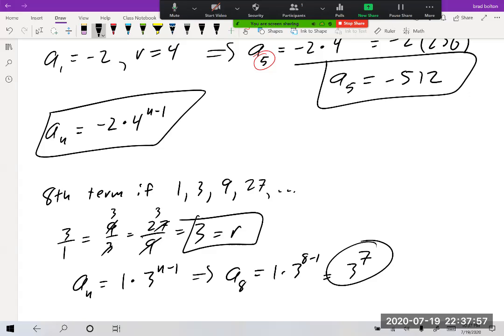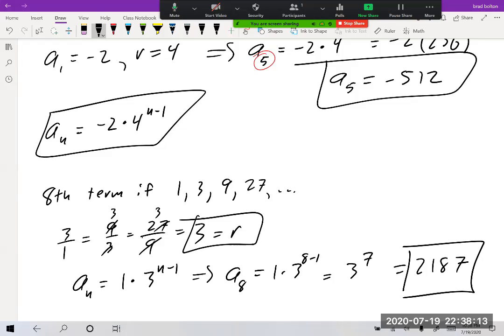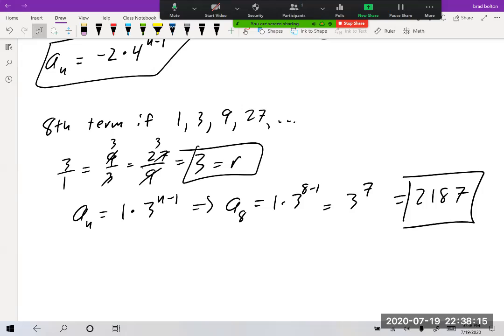I'm sure it can, actually. It's not that big. Yeah, sorry, it's just 2187. I thought it was going to be worse than that, like 3 to the 70th power or something. So 3 to the 7th equals 2187. So we get our final answer right there. So again, it's not really that big of a deal, okay?